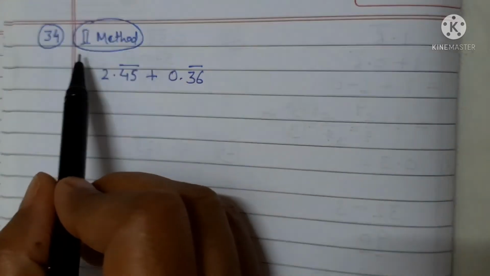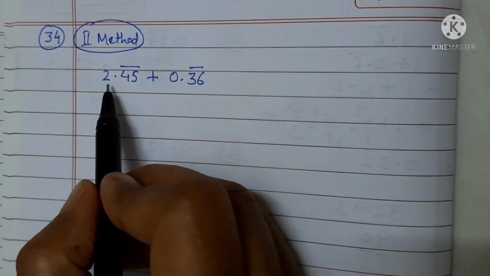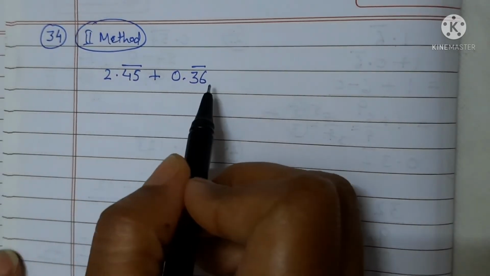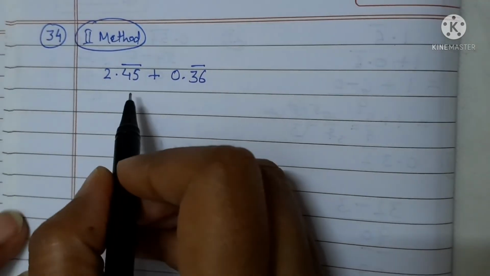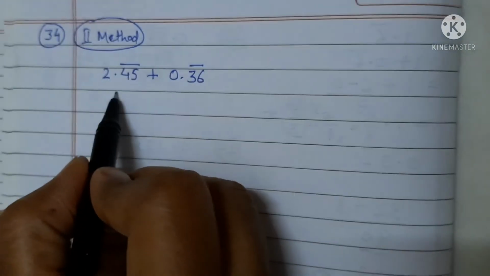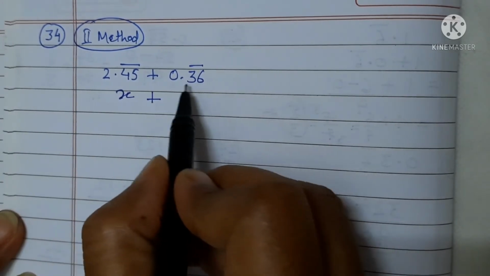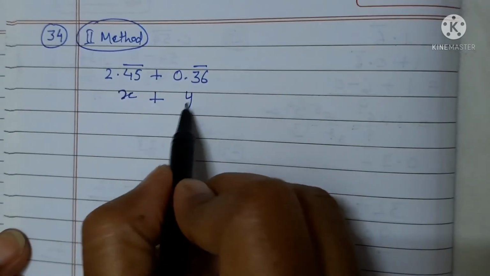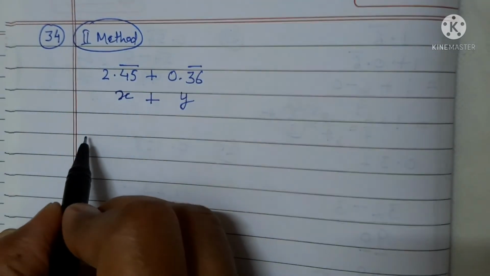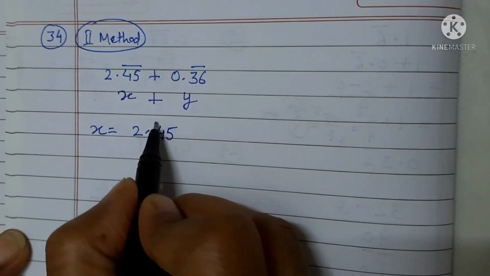Now the second method of question number 34, and the short method will be used for competitive purpose only. So this is the question. You will add these two numbers in decimal form. Suppose 2.45 bar is x and 0.36 bar is y. So first you find out the value of 2.45 bar. So x is equal to 2.45 bar.